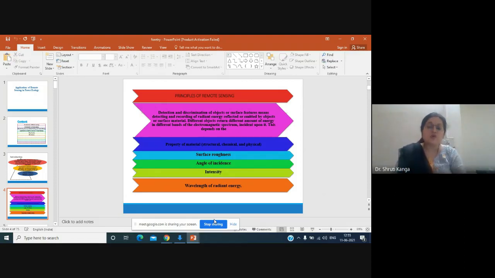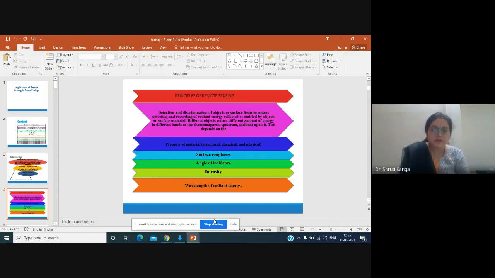Now, the energy which they capture depends upon the following factors.